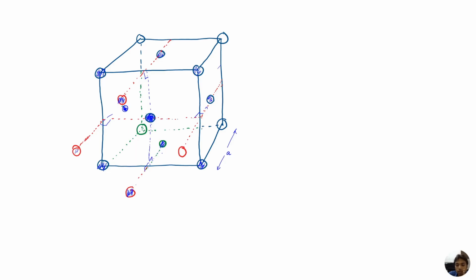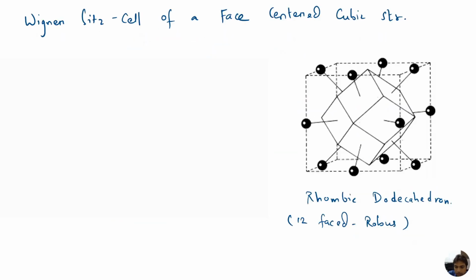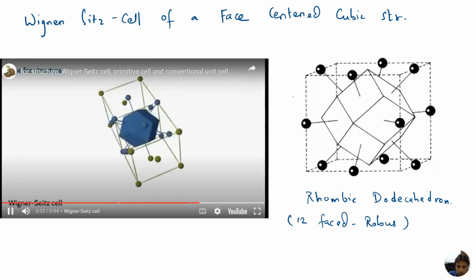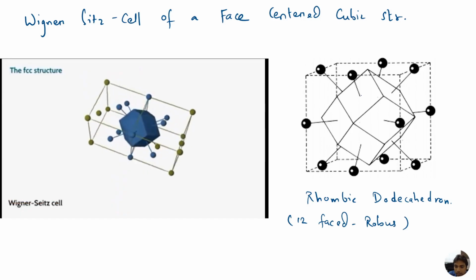Now you take the 12 planes which are bisecting these lines. So when you do that, what you get is this kind of structure. So you see, all these are rhombus.